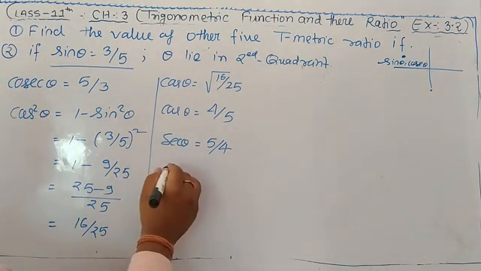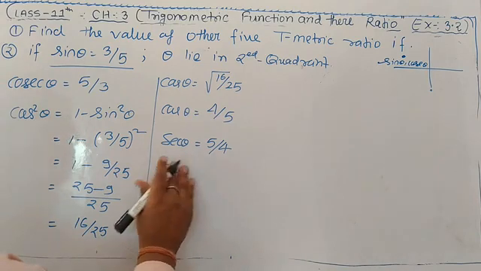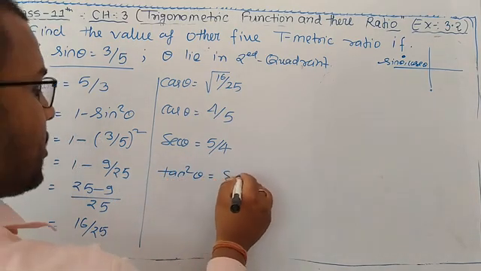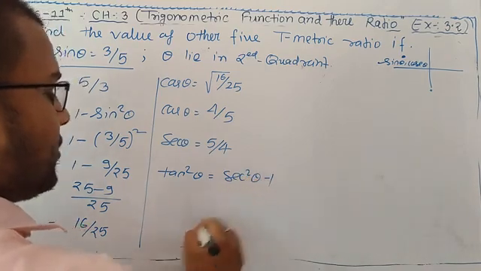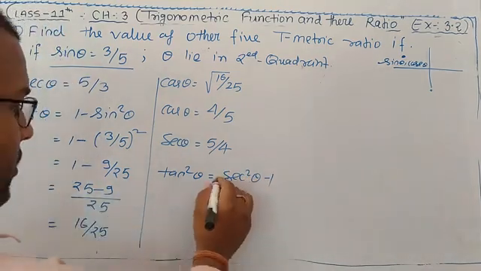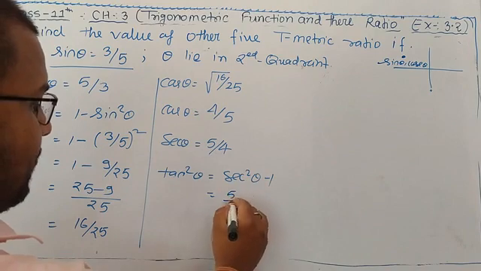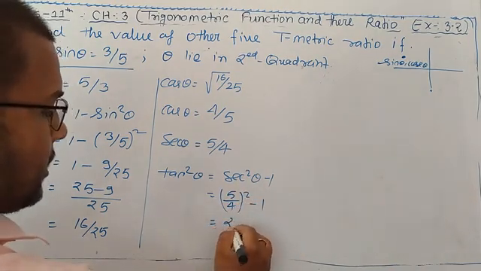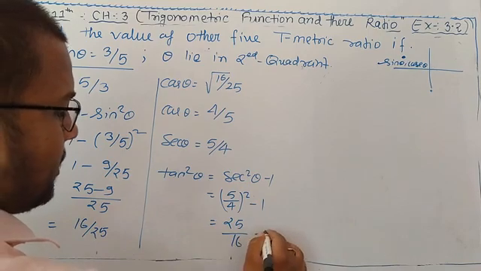Next, tan square theta is equal to sec square theta minus 1. We know that the value of sec theta is 5 by 4, square, minus 1, which is 25 upon 16 minus 1.